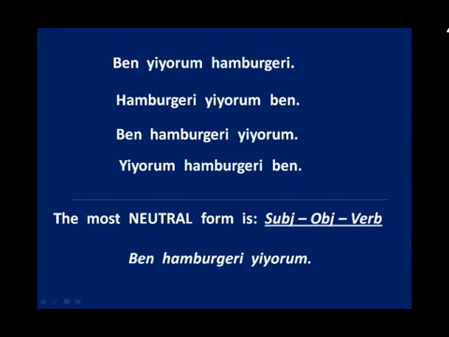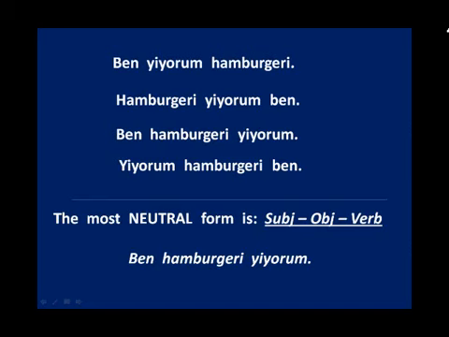Like in the first sentence, ben yiyorum hamburgeri stresses that I am doing the action and not anyone else. If I say hamburgeri yiyorum ben, it means I'm eating the hamburger and not something else. Well, we of course understand it in a subtle way.